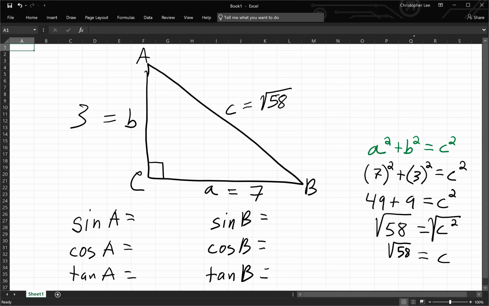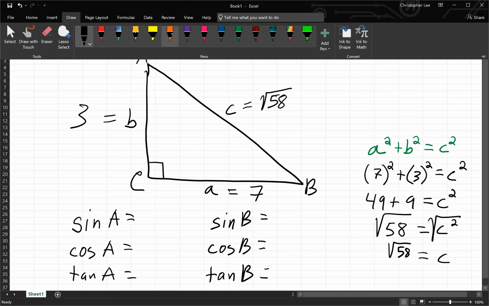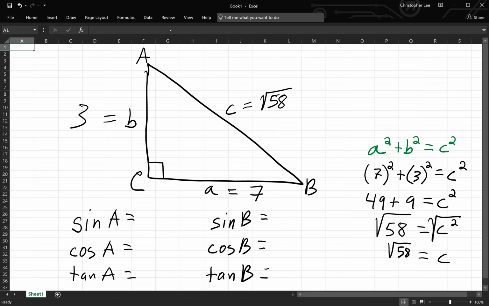And it's okay, go ahead. You can use your formula sheets. Go right ahead. No problem. You can use your formula sheets. What's sine of A?